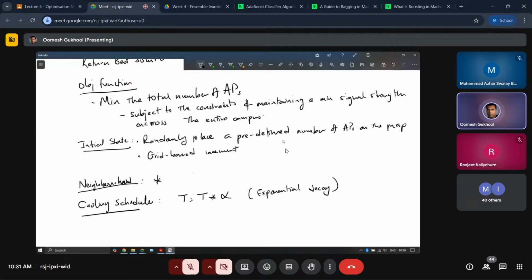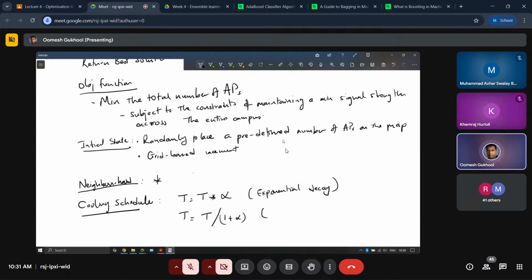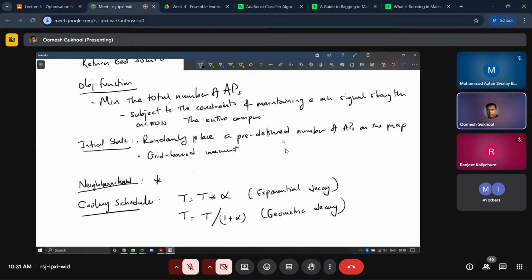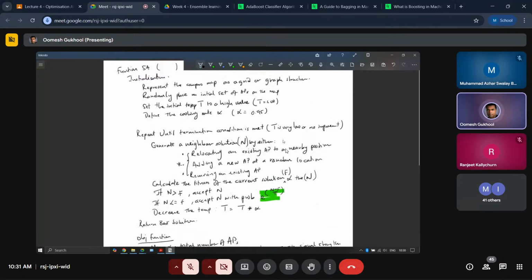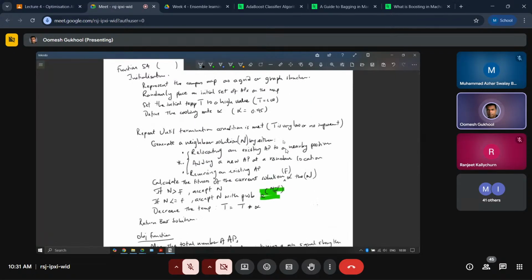You can also use a geometric decay, which is T is equal to T divided by 1 plus alpha. Please verify the exponential, I don't remember if I've written it correctly. I'm just giving an example. There are thousands of ways of solving this problem.